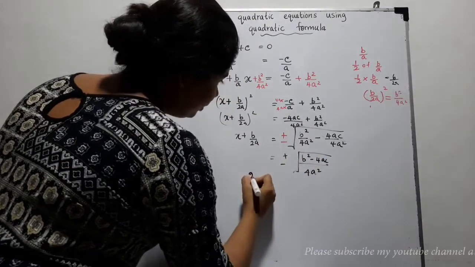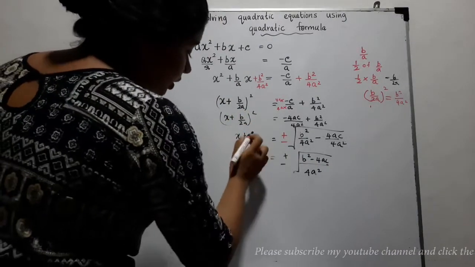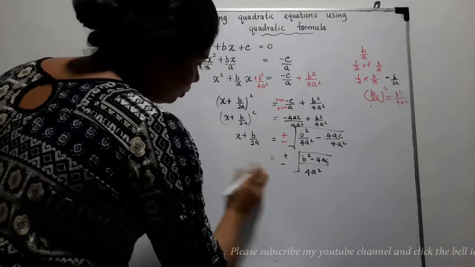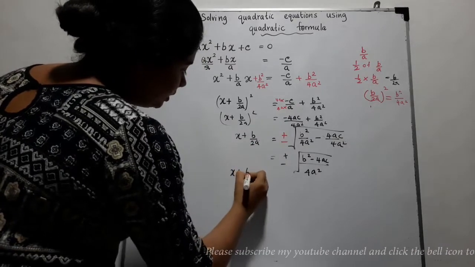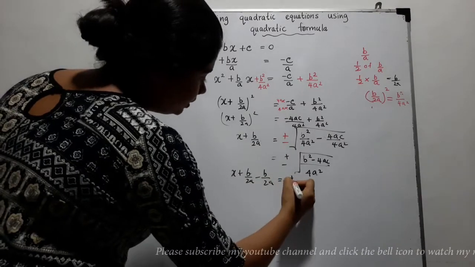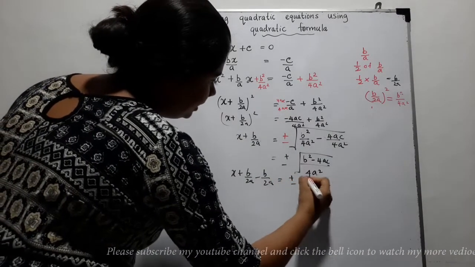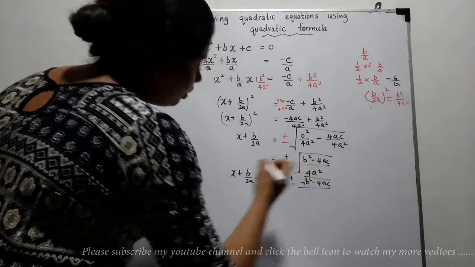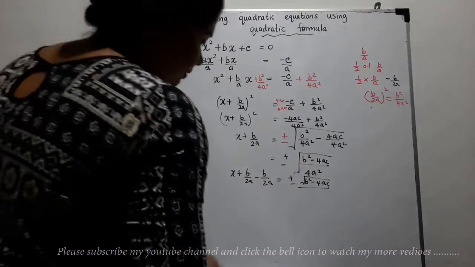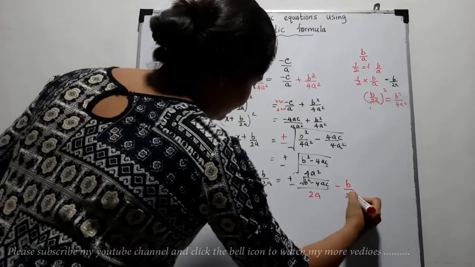To find x, we have to remove plus b over 2a. For that I put negative b over 2a on both sides. The square root of b squared minus 4ac over 4a squared, where the root of 4a squared is 2a.